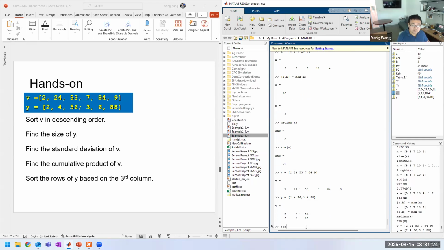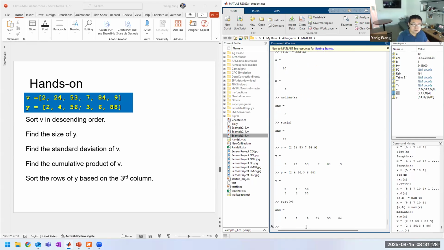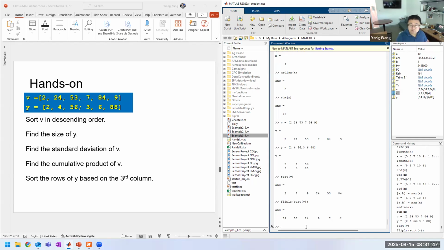We can basically try sort V, right? This is the ascending order. If you want to do descending order, then we need to flip the function from left to right. Remember, we had that function of flip left to right. Okay, sort V. So then this is a descending order.